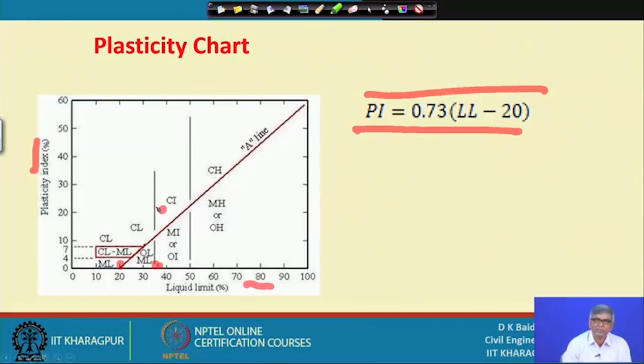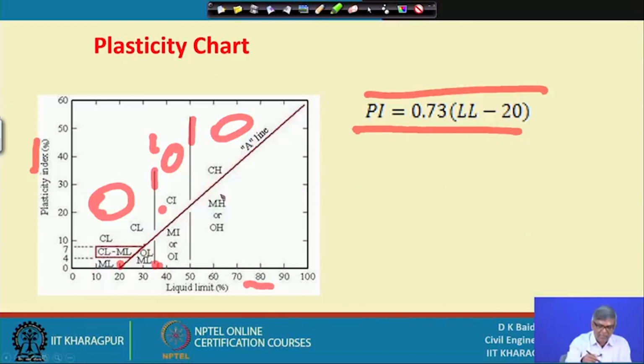If the point comes above this line, it is clay, and if it comes below this line, it is silt. There are also vertical boundaries. If it falls in this first zone, it will be low plasticity, in this middle zone, intermediate plasticity, and in this zone, high plasticity.